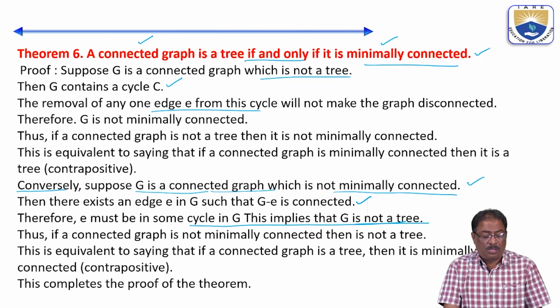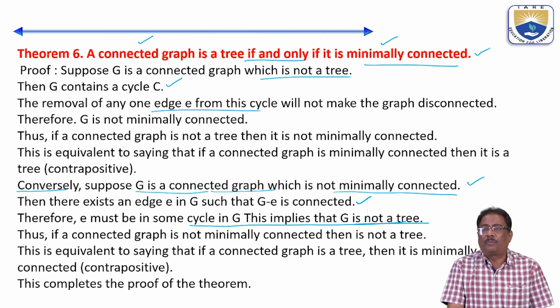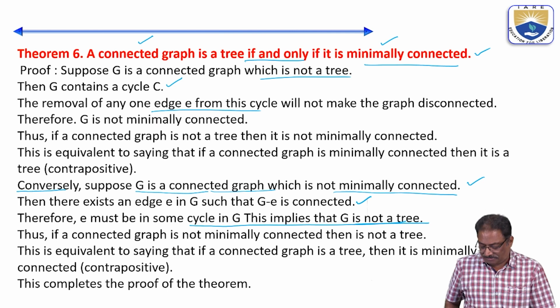So if a connected graph is not minimally connected, then it is a connected graph which is not a tree. Taking the contrapositive: if G is a connected graph and is a tree, then it is minimally connected.